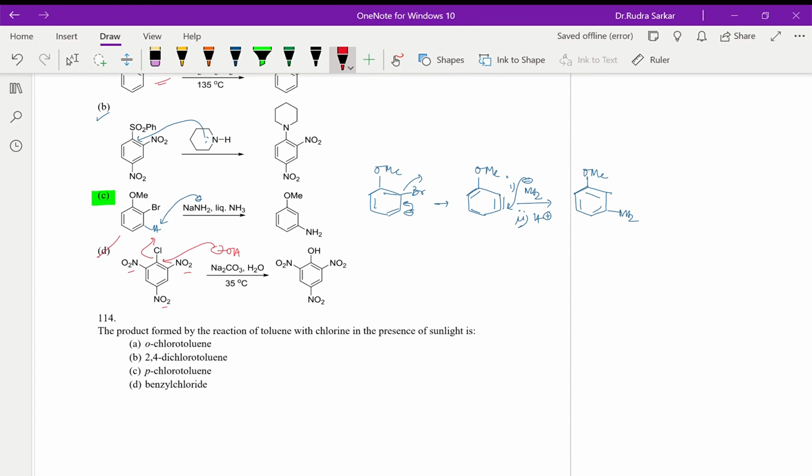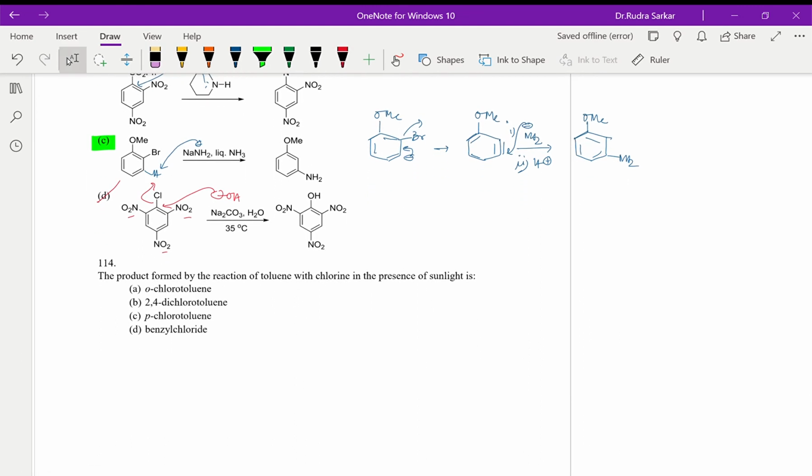Next, we have been given the question: the products formed by the reaction of toluene with chlorine in presence of sunlight. In presence of sunlight, we have chlorine, so there is formation of Cl radical, which will take up the H via a free radical mechanism.